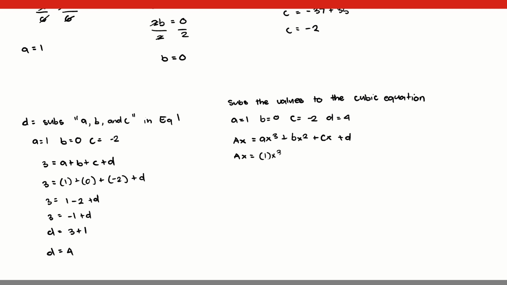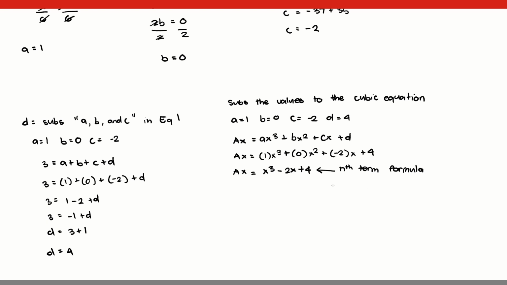So 1x cubed is x cubed. Then 0x squared is 0, we cancel it out. And negative 2 times x is negative 2x, bring down plus 4. So the formula is a(x) equals x cubed minus 2x plus 4.